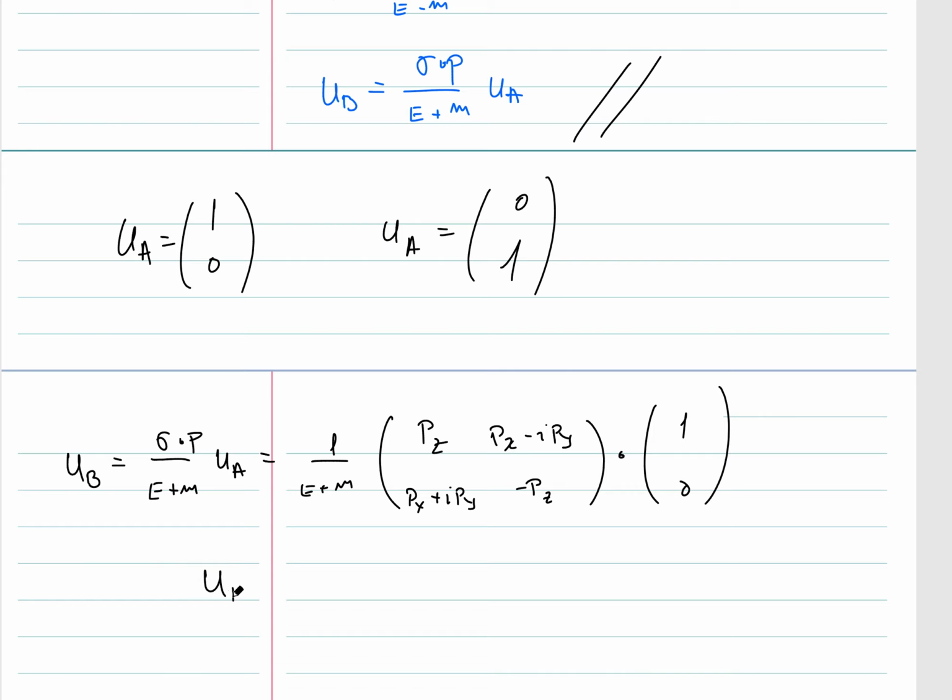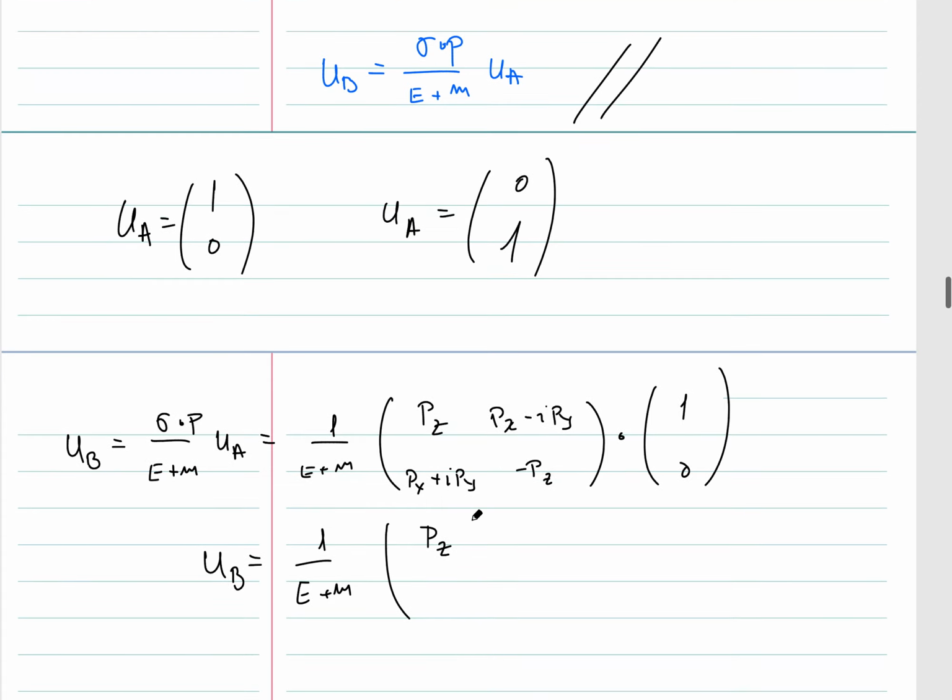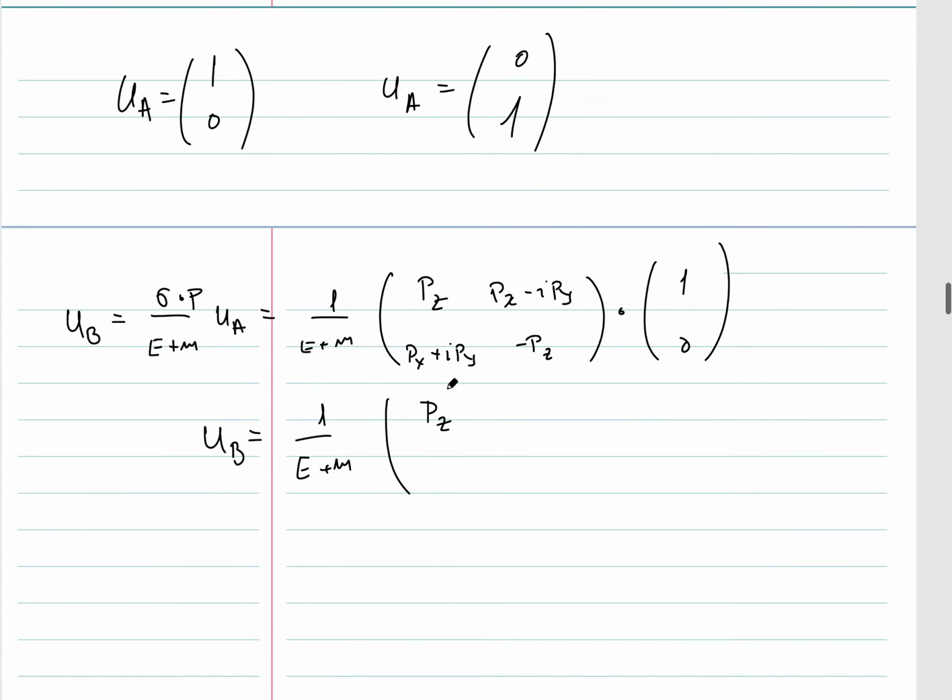You find that UB is equal to 1 over E plus M, and now you multiply these two. Px times 1 is Pz times 1 is Pz, and this part is 0. Px plus I Py times 1, Px plus I Py.